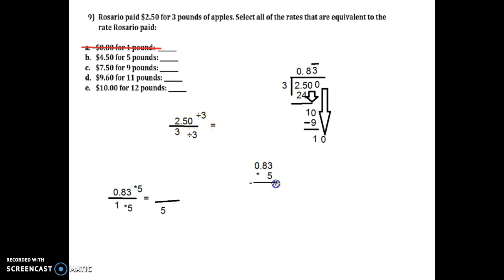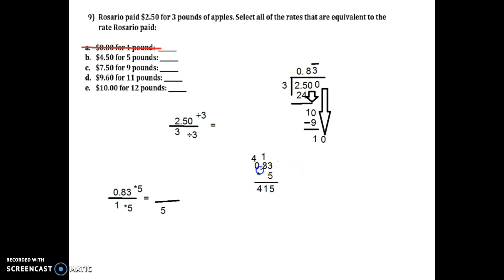Let me move this all over just a little bit. So there you go. Makes more sense. That's not a minus sign, it was just my line. So 5 times 3 equals 15. I'm going to regroup, put my 1 up here. 5 times 8 equals 40, plus the 1 is 41. 5 times 0 is 0, plus the 4 makes it 4. Now how many decimal points do I have right here?